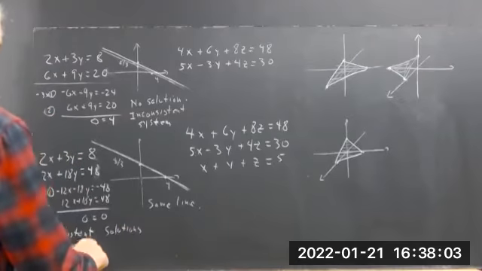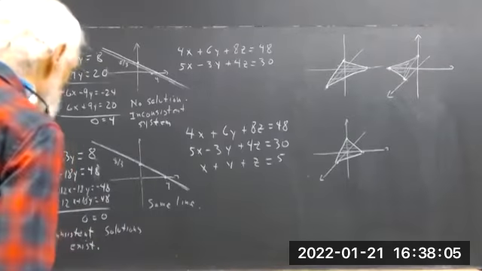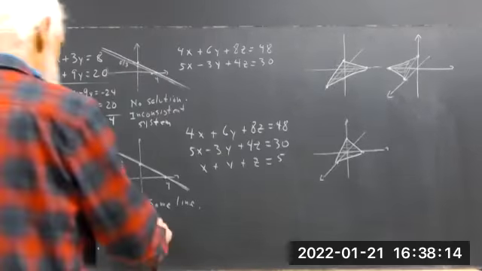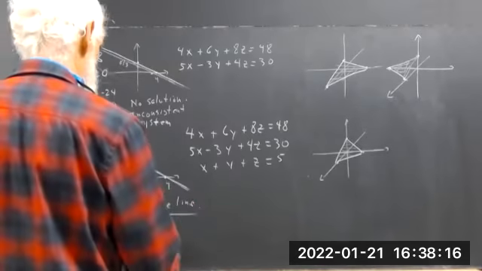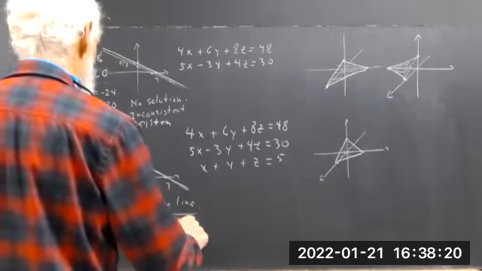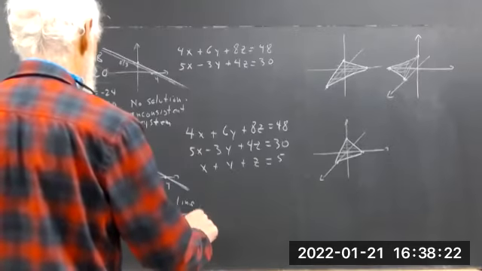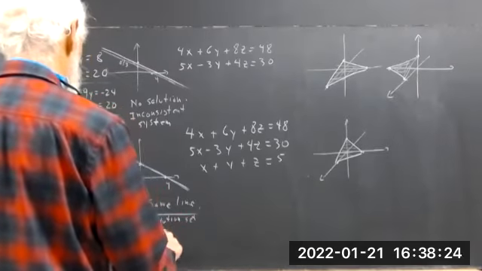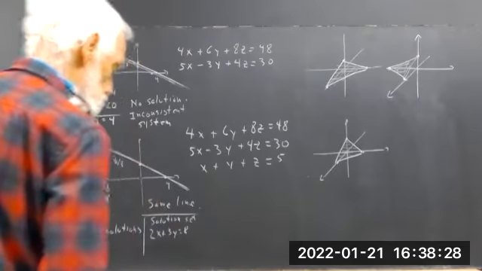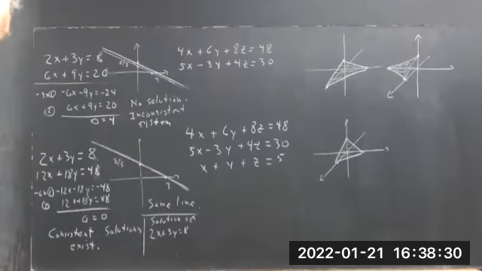Solutions exist. What are the solutions? Well, the solutions consist of all the points on either line. Okay, so the solution set is just the equation.